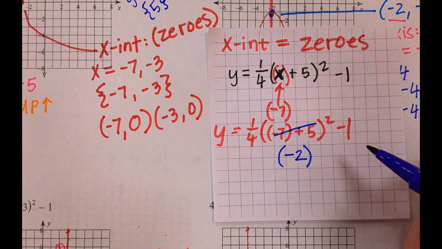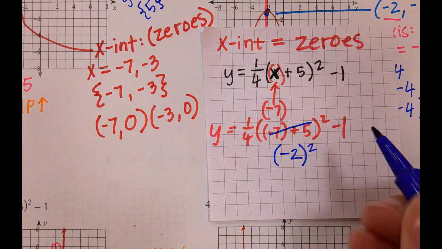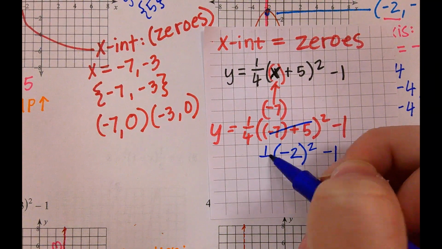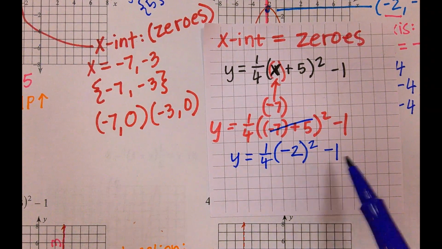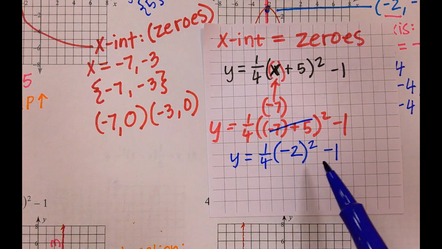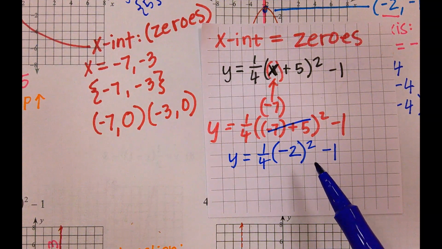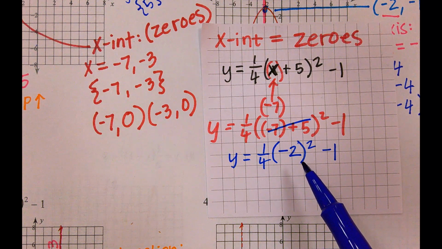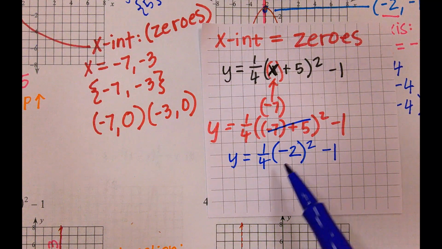So -2. I'll bring everything down. What else do I need to bring down? You still need to square it. I still need squared. What else? -1. What else? 1/4. Equal y. Good. Okay, so now we're using the order of operations still. We just did parentheses. What's the next step? Yeah, next is exponents. So I'm going to do -2 squared or -2 times -2.